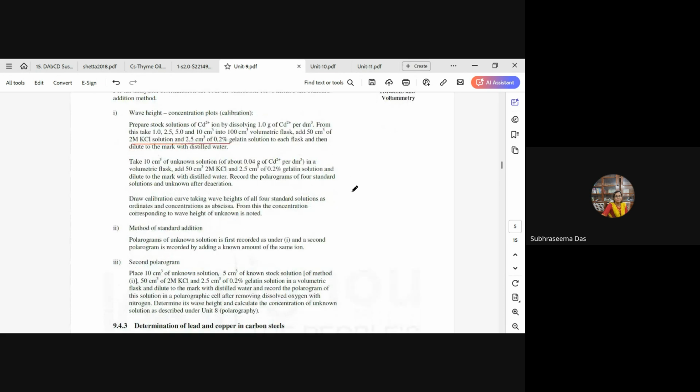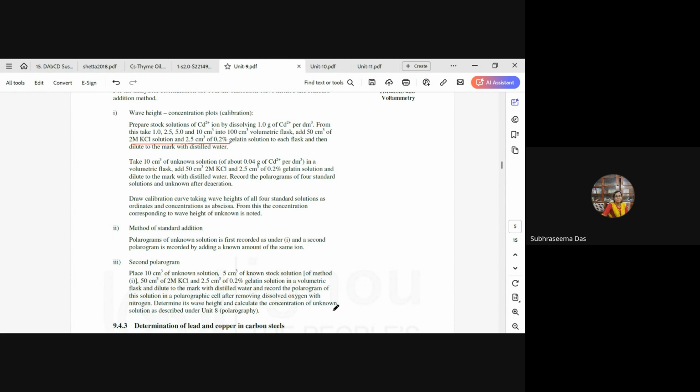Then we will take 10 ml of the unknown solution and add the same thing, that is 50 ml of 2 molar KCl and 2.5 ml of 0.2% gelatin. Then we will record the polarograms. Before recording the polarograms, we will pass nitrogen through it, because we know that polarography cannot be carried out in the presence of oxygen. So the cell has to be provided with an inert atmosphere, and mostly nitrogen is passed through it.